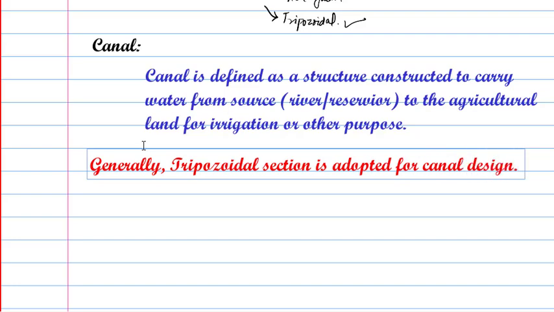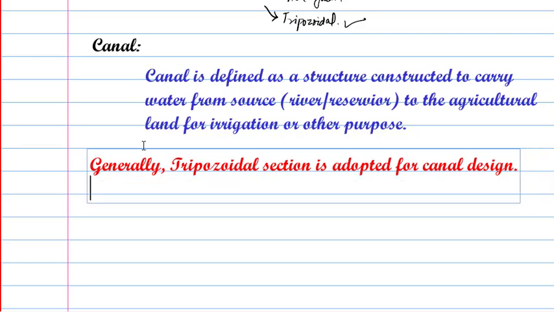What's the reason? The reason is that due to its satisfactory performance.